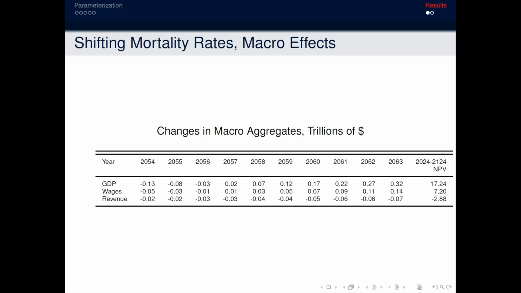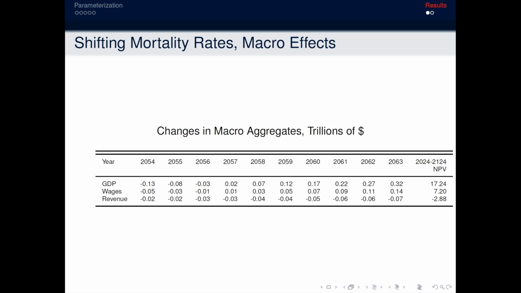So we can see in terms of GDP in 2054, the first year there's any reduction in mortality, we're getting a small decline of about 130 billion in GDP. But as we work through the timeline, as this counterfactual phases in more, you can see those effects on GDP start to grow.